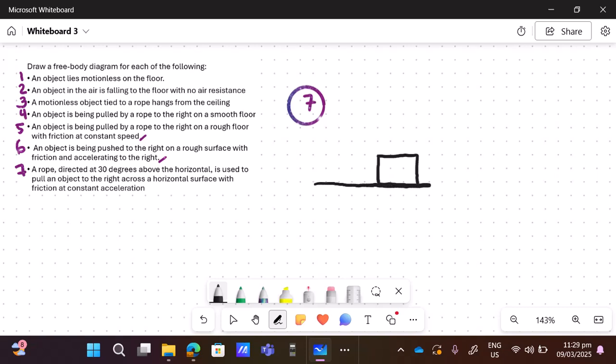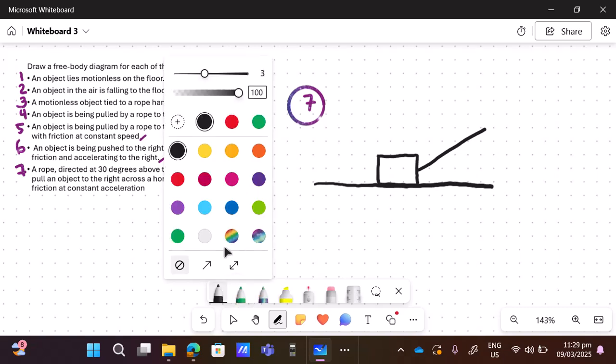And then there is a rope tied to it at an angle, particularly 30 degrees. Let me change color. And so this is said to be 30 degrees.